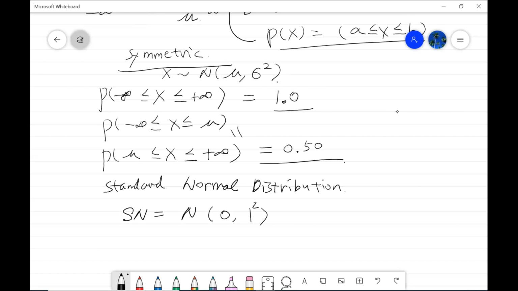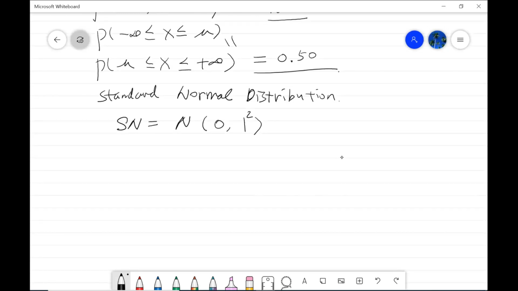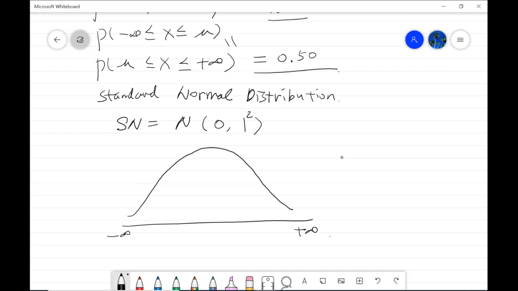So if you draw the standard normal distribution on a graph, just like a normal distribution, it can take any value between minus infinity and plus infinity. In the middle is mu, the top portion of this curve is at 0, and it is also symmetric.